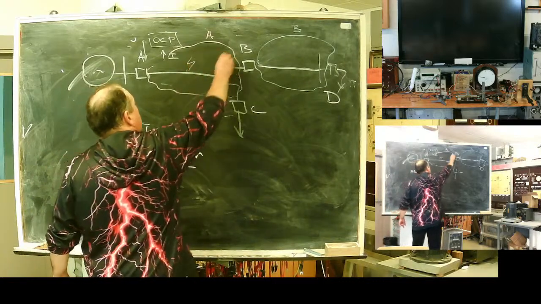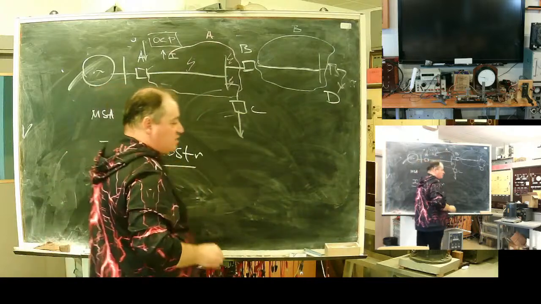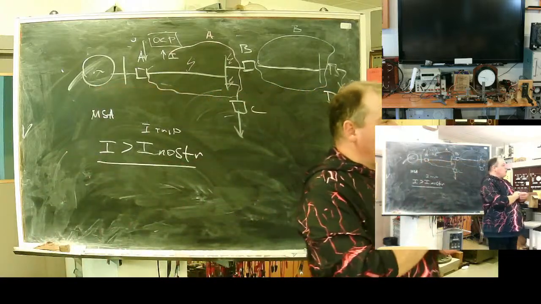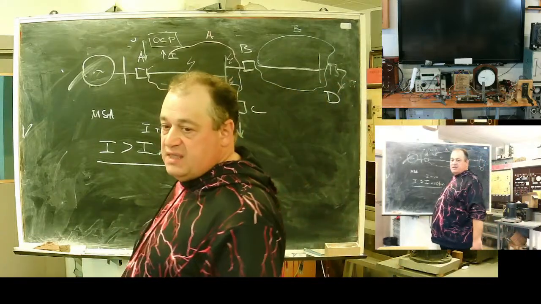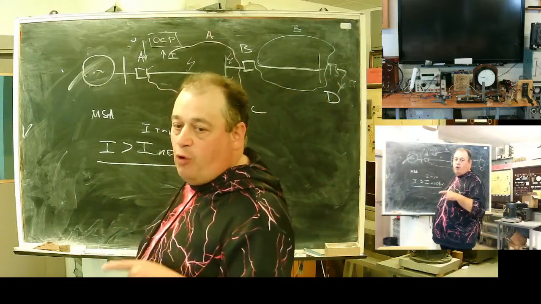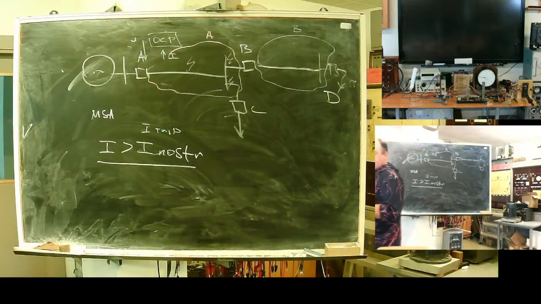So here, here, here, all this area should be protected. My device should be able to operate on any fault within the protected area. That's number one. It should sense any fault in the protected area.